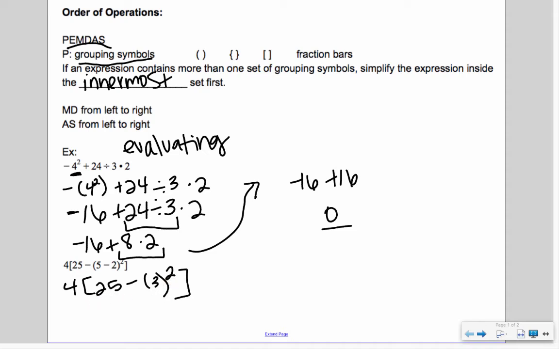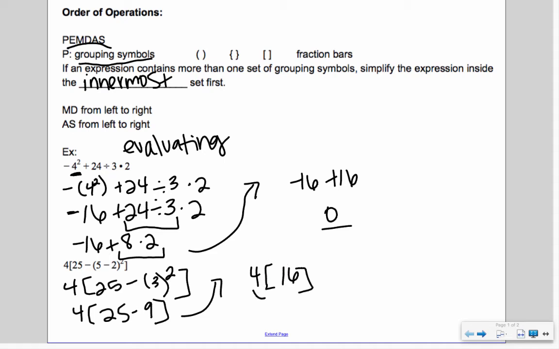So I'm going to do 4 bracket 25 minus 9. Now the parentheses are gone because I've done 3 squared already and I got 9. Now we'll do 4 bracket, what's 25 minus 9? 25 minus 10 is 15, so we add 1 to that, we get 16.